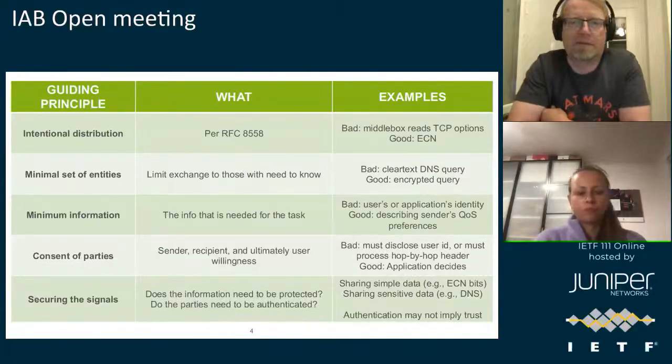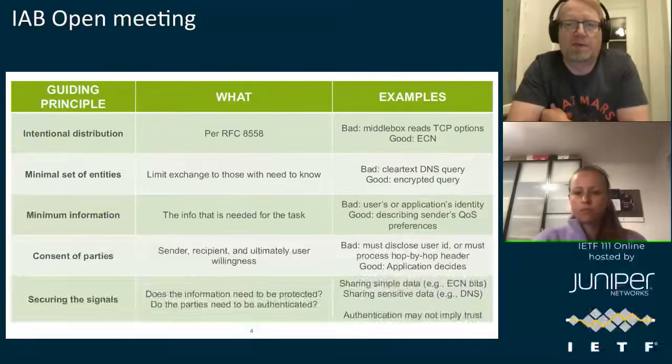Some bad examples here, things that one should not be doing, like a middlebox reading TCP options and transport protocol headers. Maybe a better example could be something like ECN bits or spin bits, where you actually designed a particular mechanism to convey a very limited set of information on purpose for different parties.